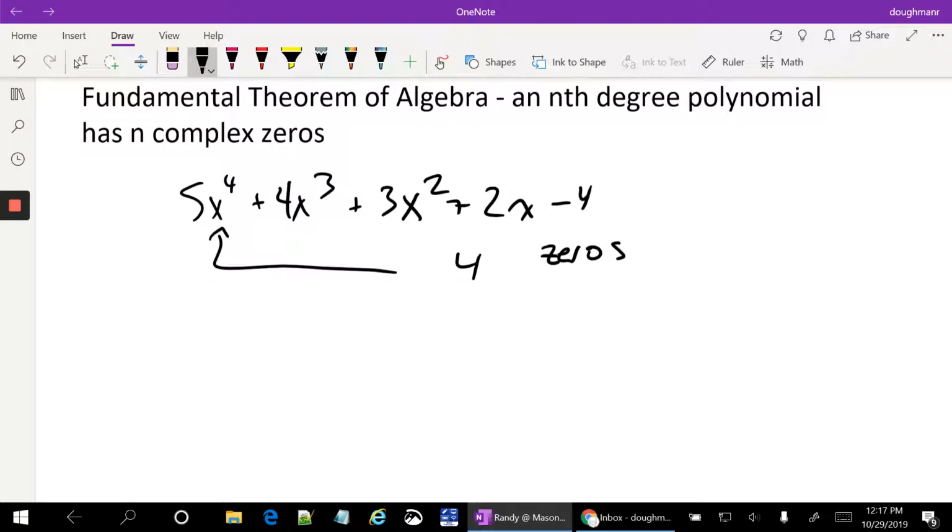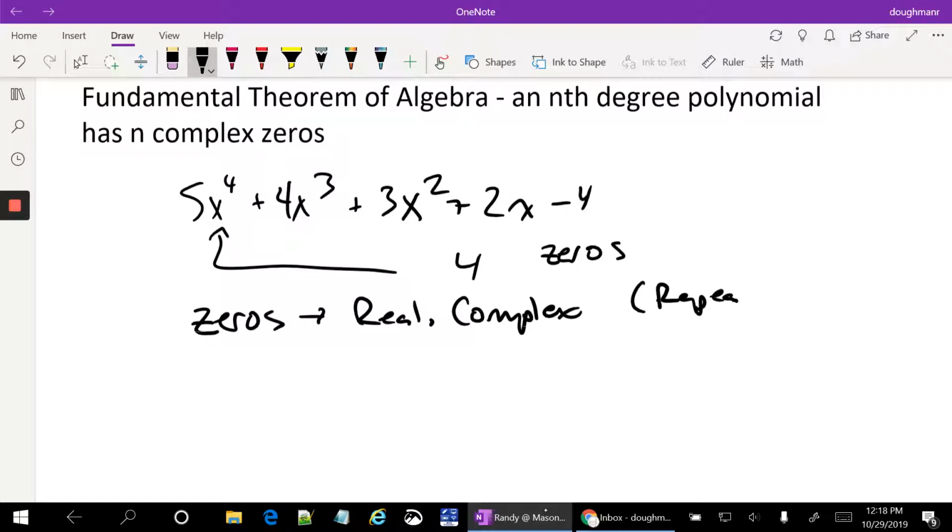Realize those zeros can be real or complex, and they may also repeat. So you could have x minus 2 times x minus 2, so the 2 would be a repeating zero.